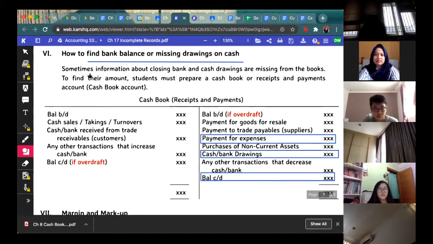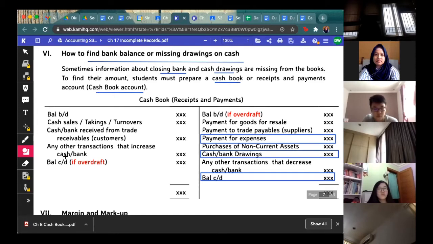Sometimes information about closing bank, cash drawings, or any other items inside the cash book is missing. To find their amounts, you must prepare a cash book account, so that you know what is missing.